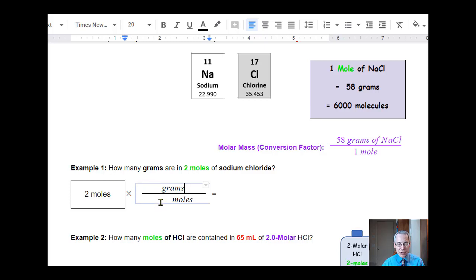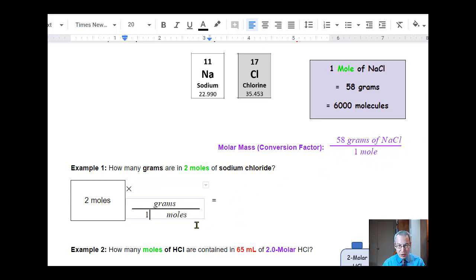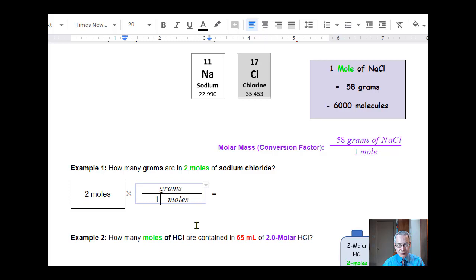Grams on the top, moles on the bottom. Now I need the actual numbers. I'm using this conversion factor here that's in purple. 1 mole. I'm just hitting delete so that it fits in the box. And that is 58 grams.